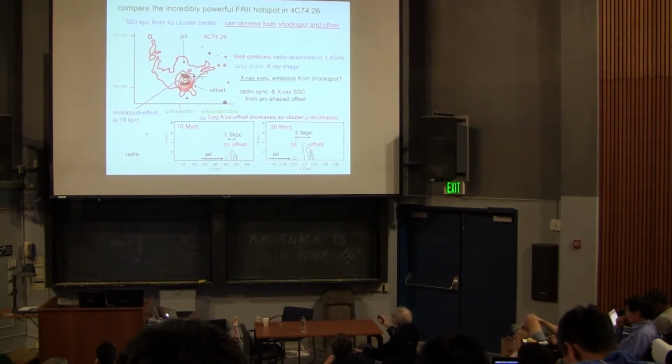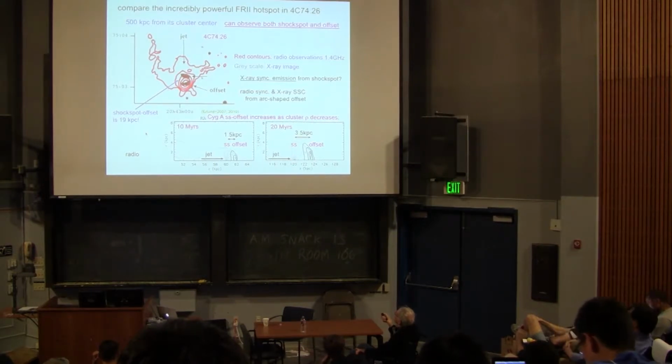Now, there are objects in the sky where you do see the actual shock spot. Here's a jet coming in. This particular hotspot region is 500 kpc from the cluster center, about 10 times further away than in Cygnus A. And you can see what we think is probably X-ray synchrotron emission coming from directly behind the shock.